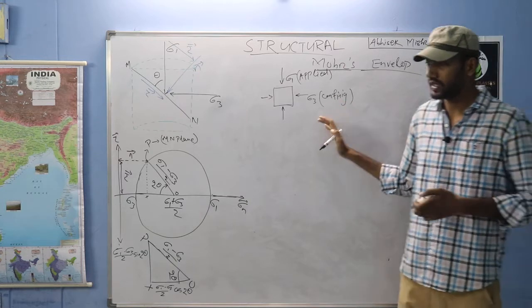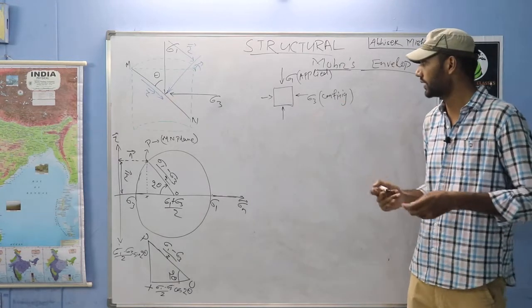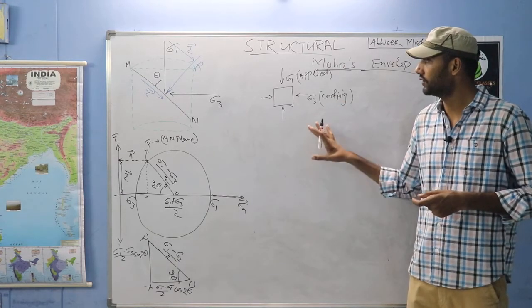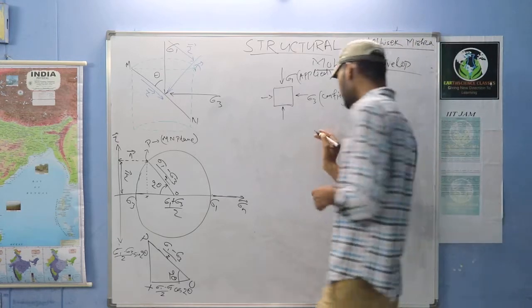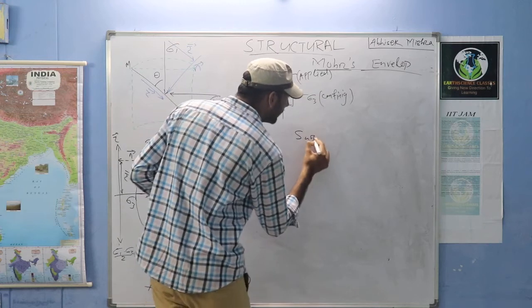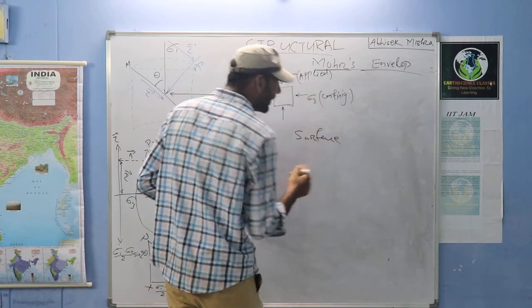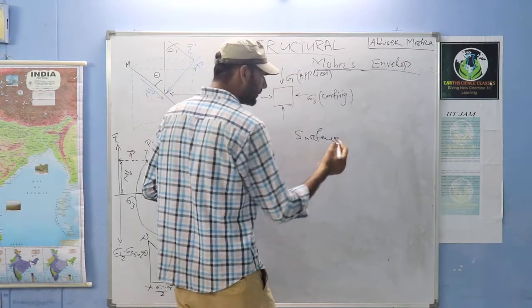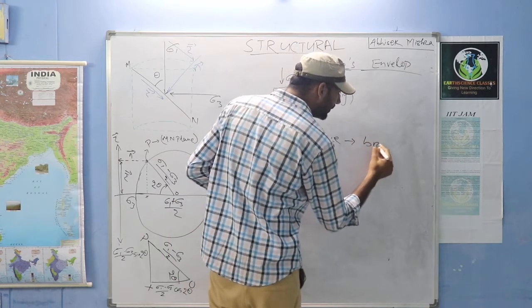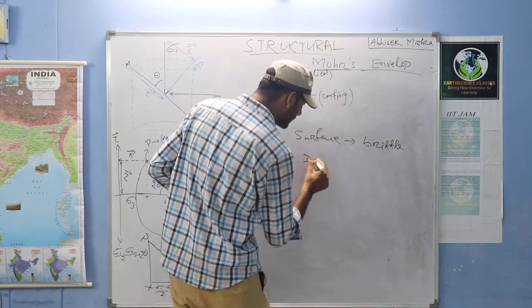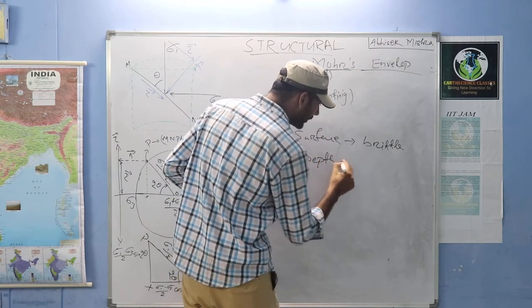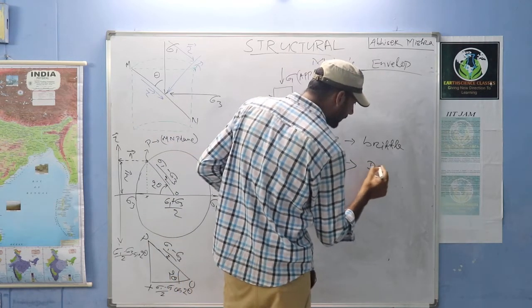I have told you, while teaching the stress strain diagram, that if any material at the surface behaves like a brittle substance, at depth it will behave like a ductile substance.